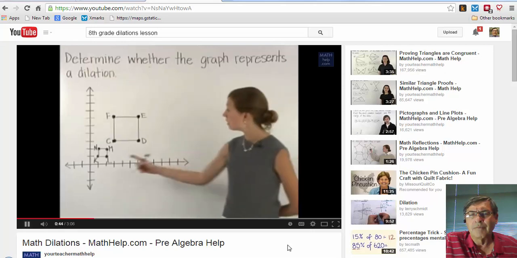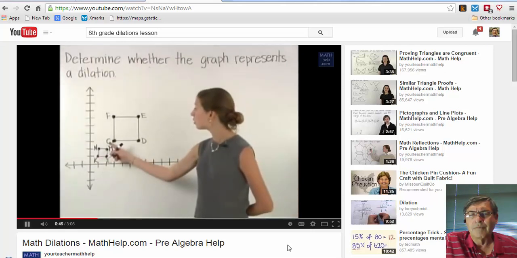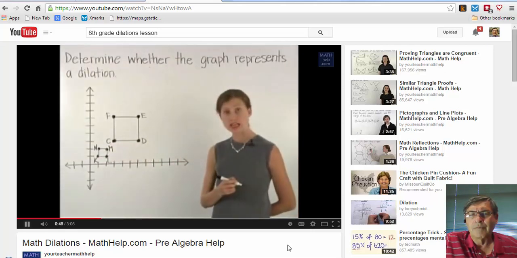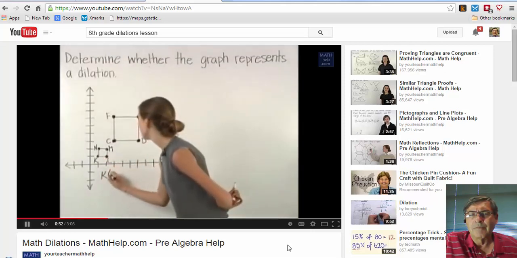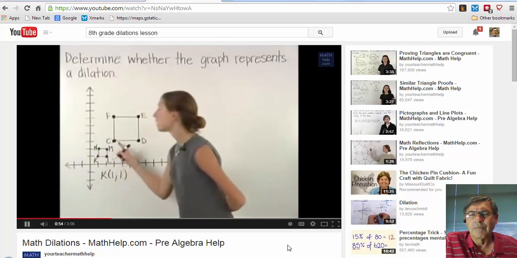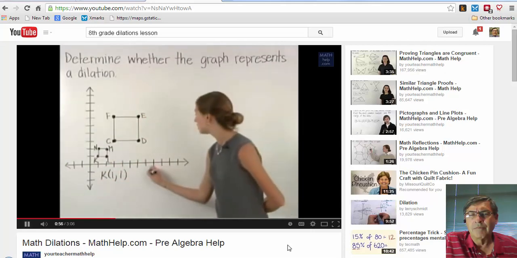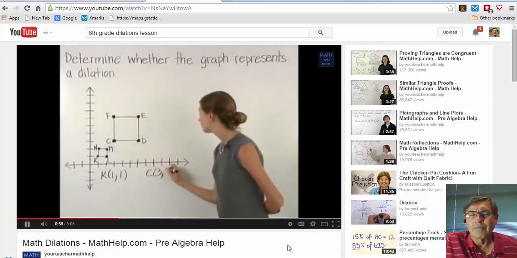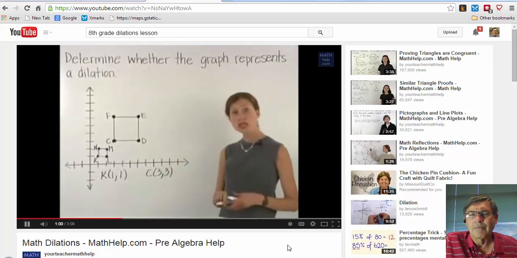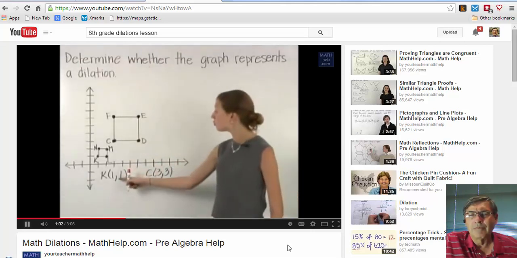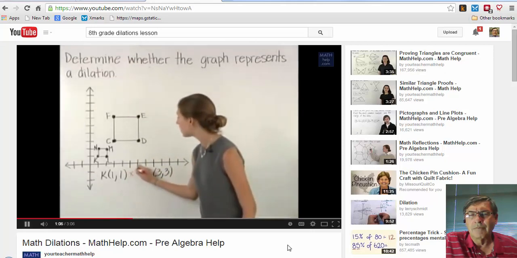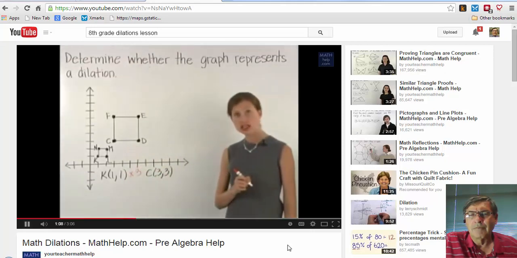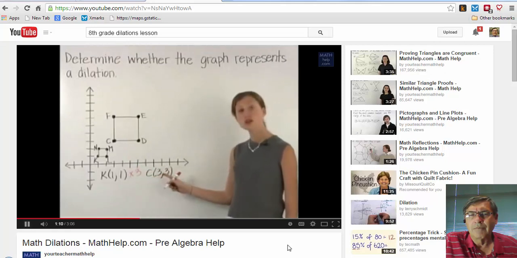For example, notice that point K corresponds to point C. Point K has the coordinates 1, 1, and point C has the coordinates 3, 3. So we can see that the coordinates of point K, 1, 1, have been multiplied by a scale factor of 3 to get the coordinates of point C, 3, 3.